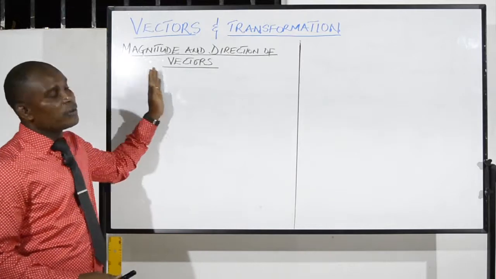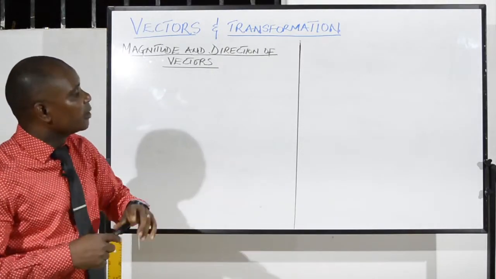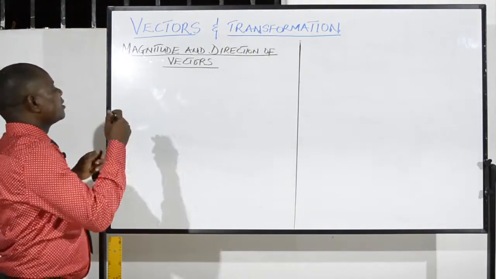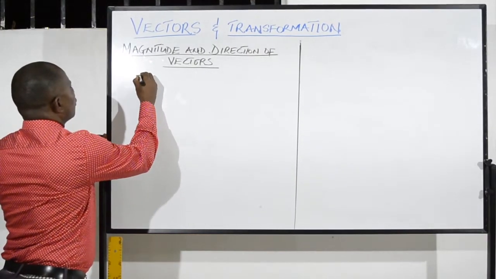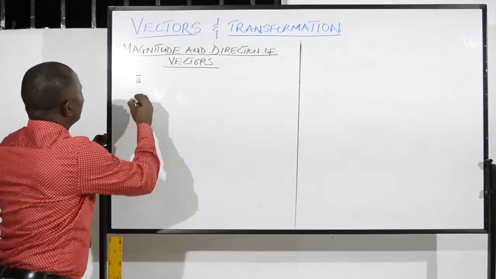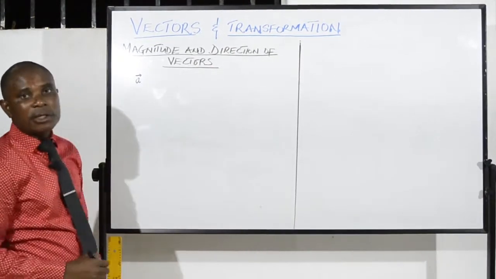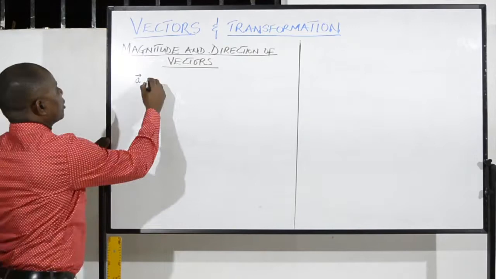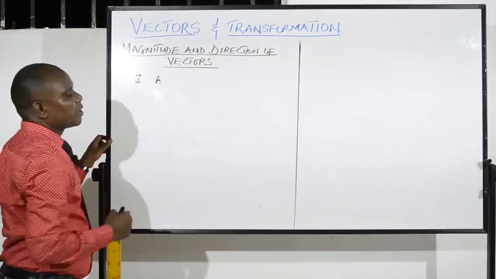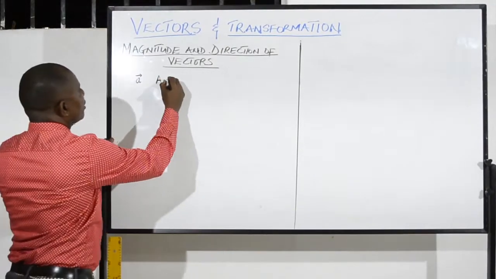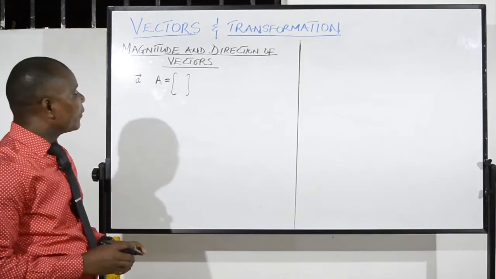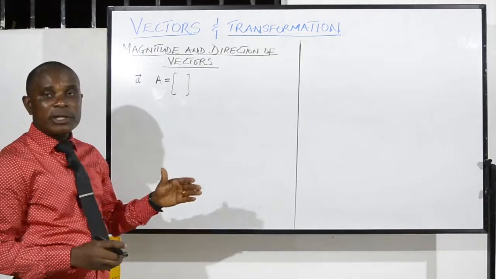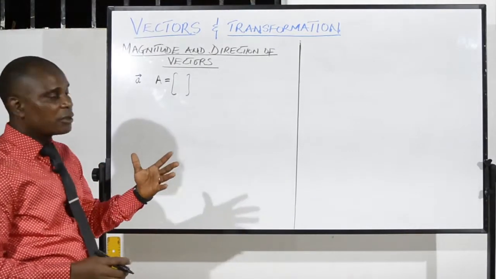So first of all, we are going to look at a vector in a plane. Vectors can be represented by a small arrow on top of a letter, that is a position vector, or you can also represent it as a capital letter. Each vector must have a component along the x and a component along the y.